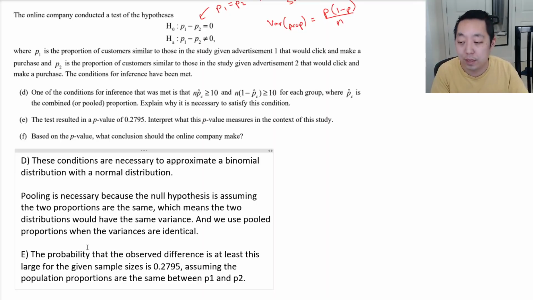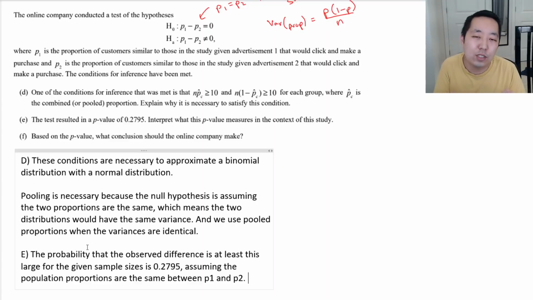That's the null hypothesis. So assuming the null hypothesis is true, the p-value is the probability that your samples just happen to be different. Because even if the proportions were exactly the same, just due to randomness in your sampling and who you get, your sample difference is never going to be exactly 0. There's always going to be a slight difference.